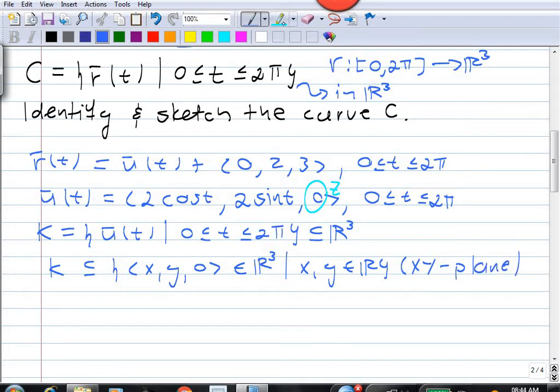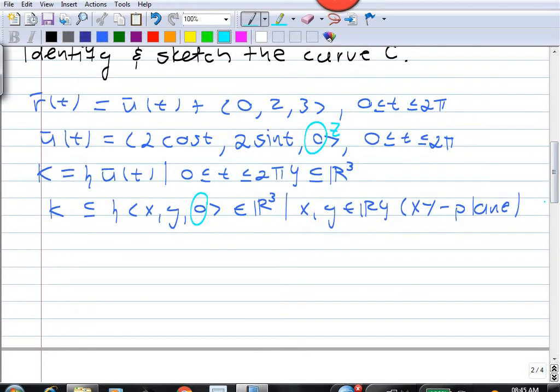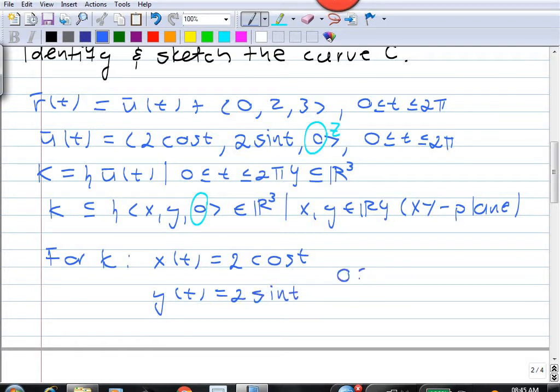So we can basically, just for the moment, ignore that third component, the 0. And then what have we got? If we just look at the x and the y components. So for K, we look at the x component, that's 2 cos t, and the y component, 2 sin t, and again t between 0 and 2 pi.